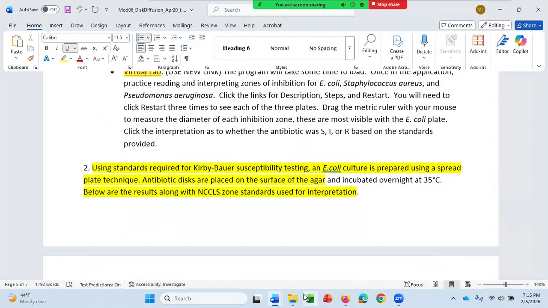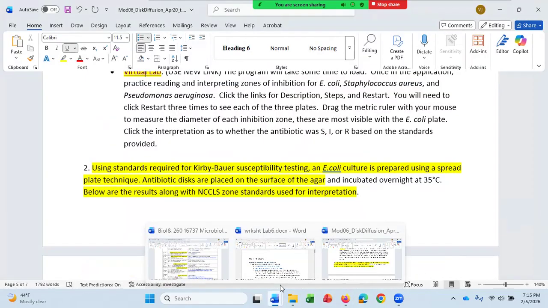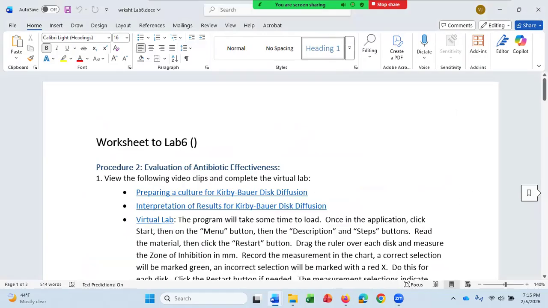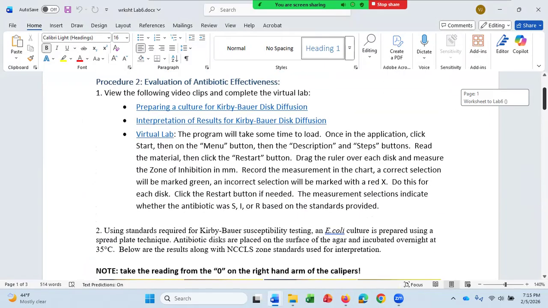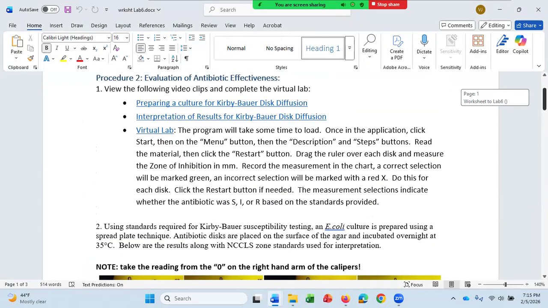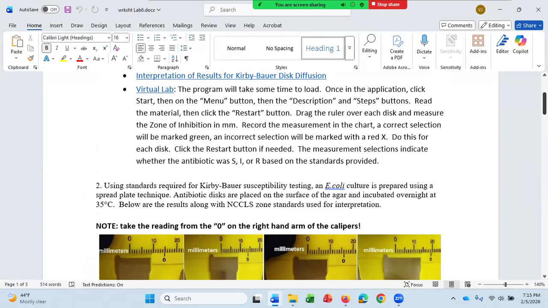All right, let's go to the worksheet now. So the first question is 2, using the standards required for the Kirby Bauer susceptibility test, an E. coli culture is prepared using the spread plate technique.